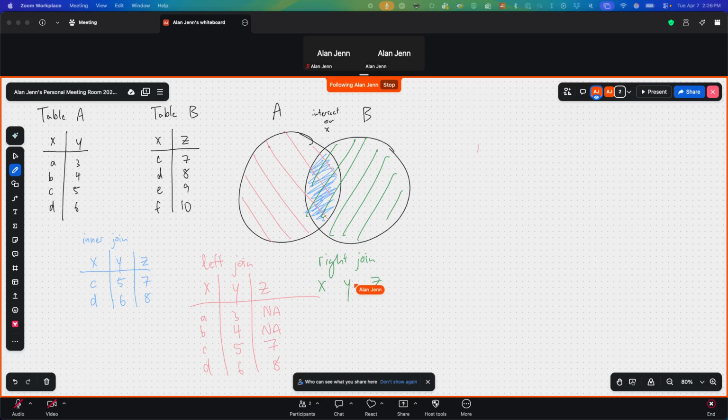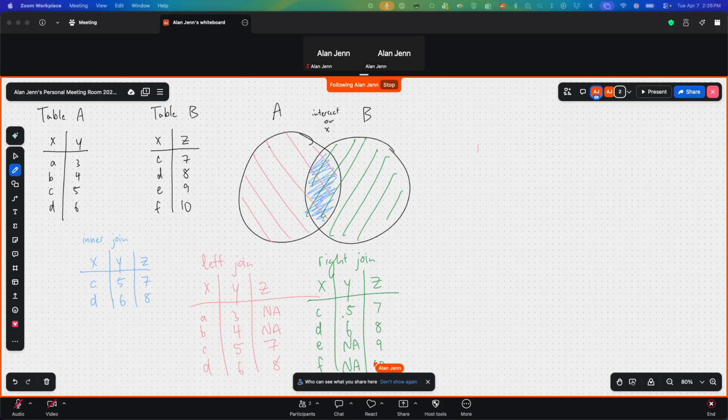You can probably imagine what this looks like. This preserves all the information in table B. So my X will be C, D, E, F. My Y will now be, hold on, will be 5, 6, and there's no values for E and F. So these will be NA, and then my Z will be 7, 8, 9, 10.